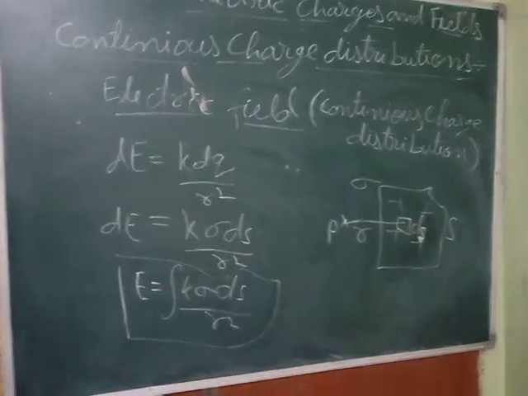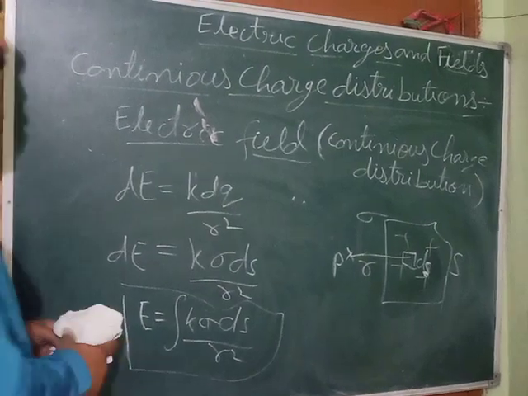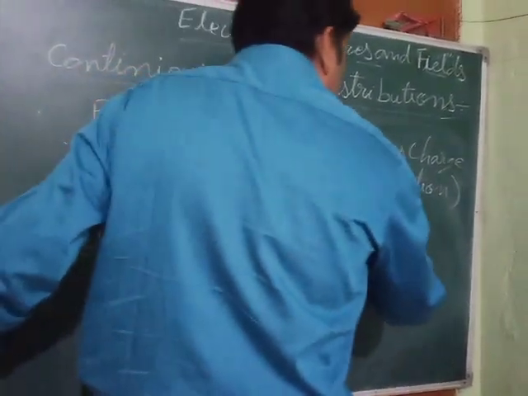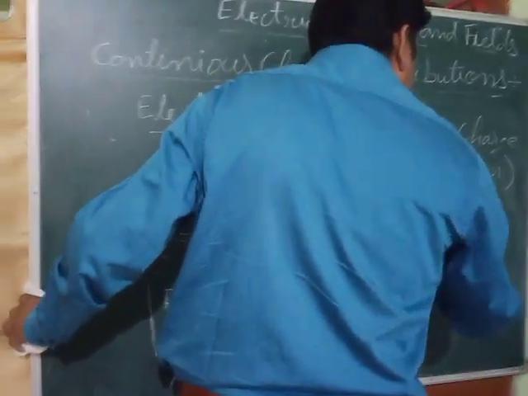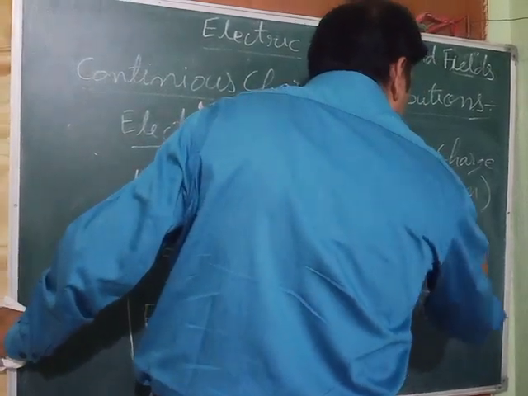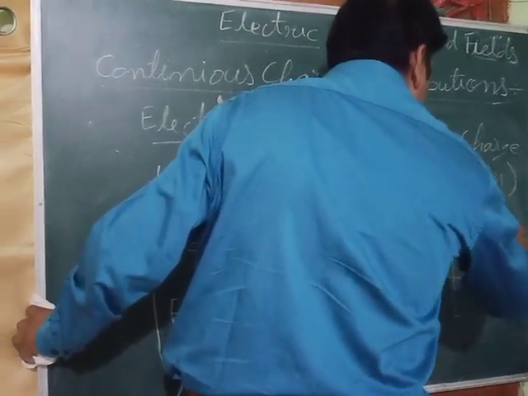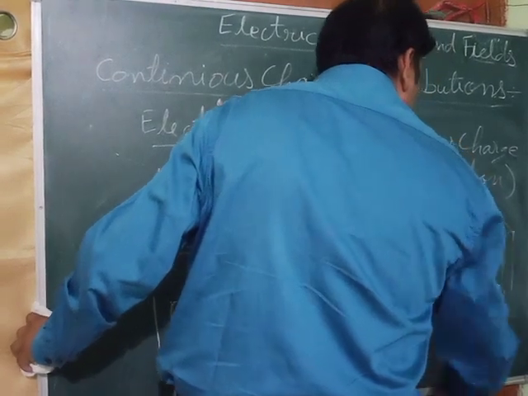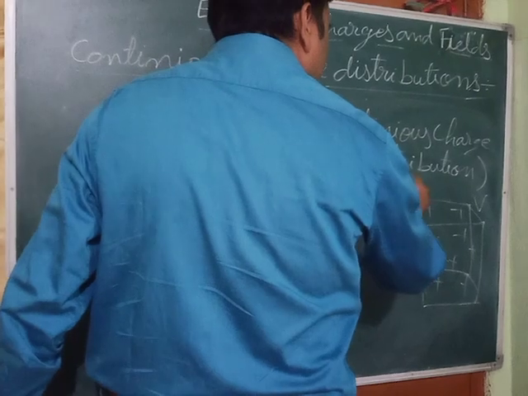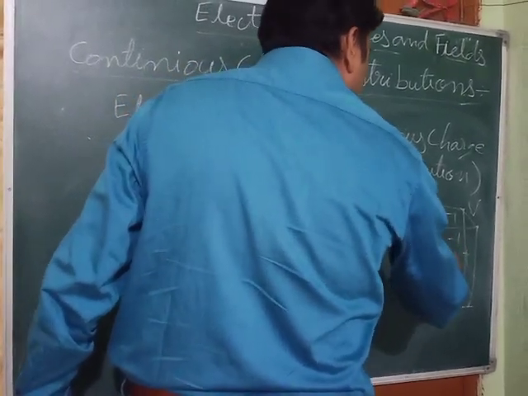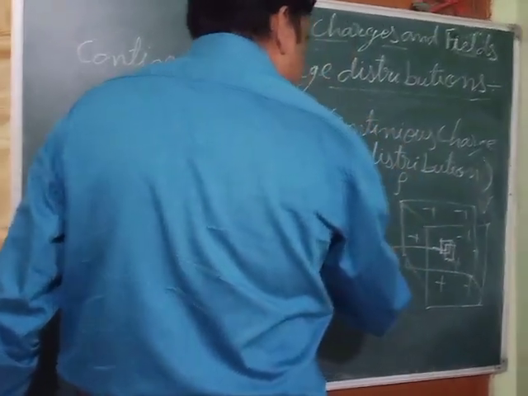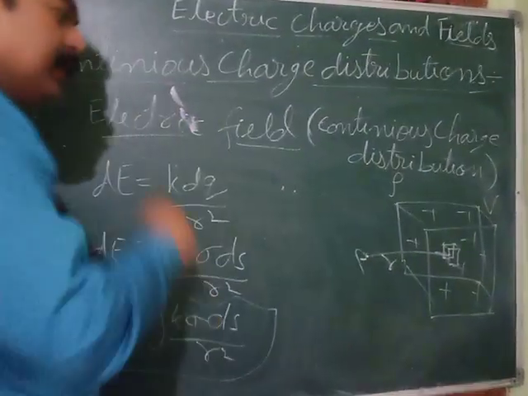Now it comes to the three-dimensional body. Suppose this is a charged three-dimensional body. Its volume is V and charge density is rho, and we have taken a small volume here, and at a distance r there is a point P at which we want to find the electric field intensity.